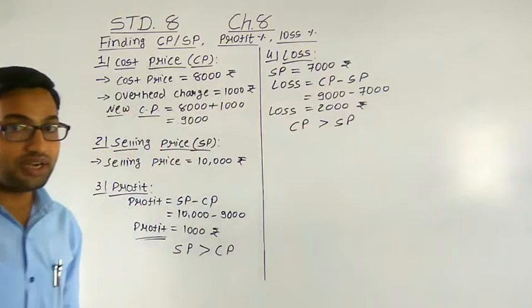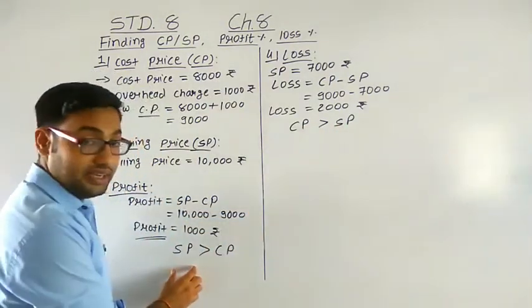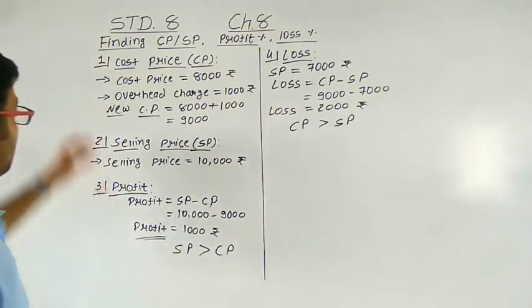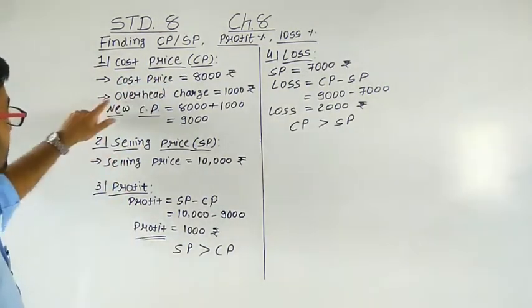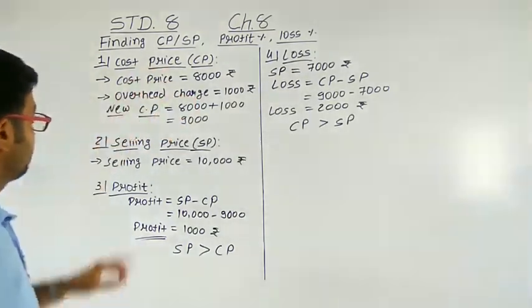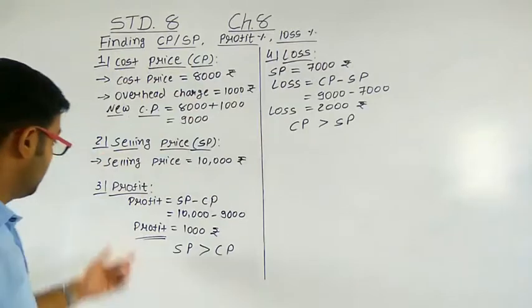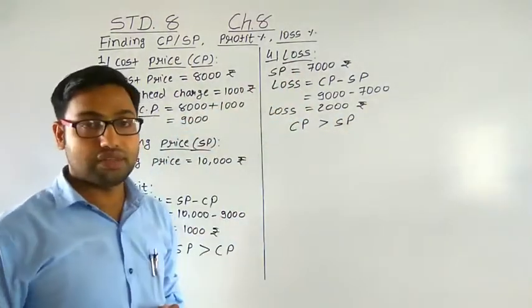Understand? This is very simple to understand. So this is the fourth term that we have to understand, that is the cost price. What is overhead charge? Overhead charges are also added to the cost price. What is the selling price? How to calculate the profit? How to calculate the loss?